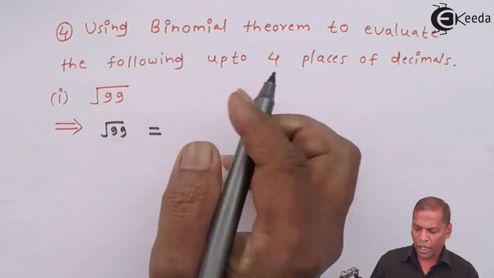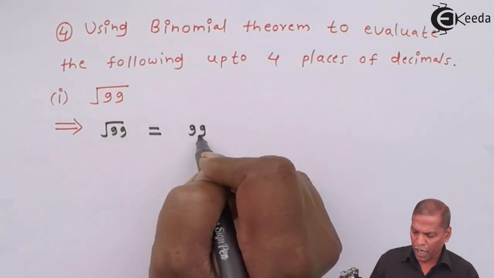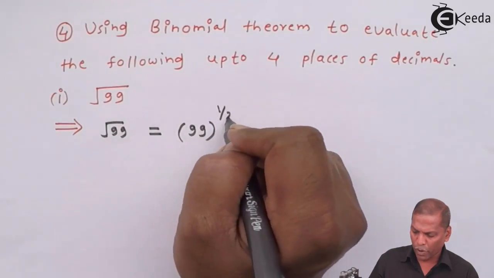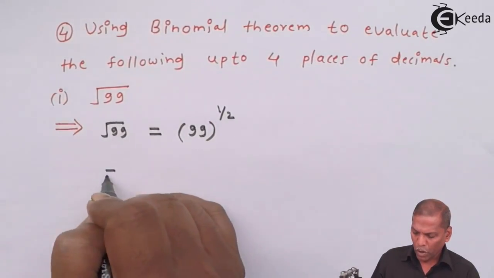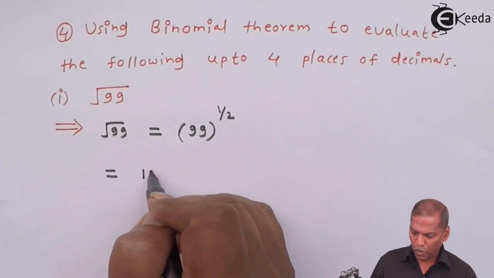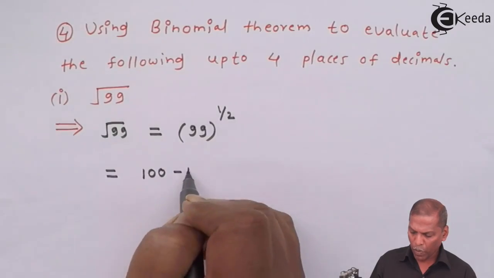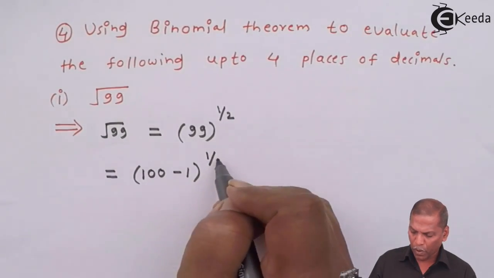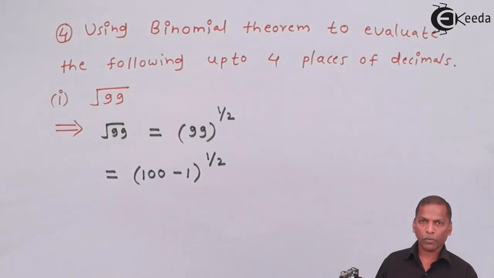that can be written as 99 whole bracket raised 1 by 2 power. Now this 99 I can write 100 minus 1 whole bracket raised 1 by 2 power.